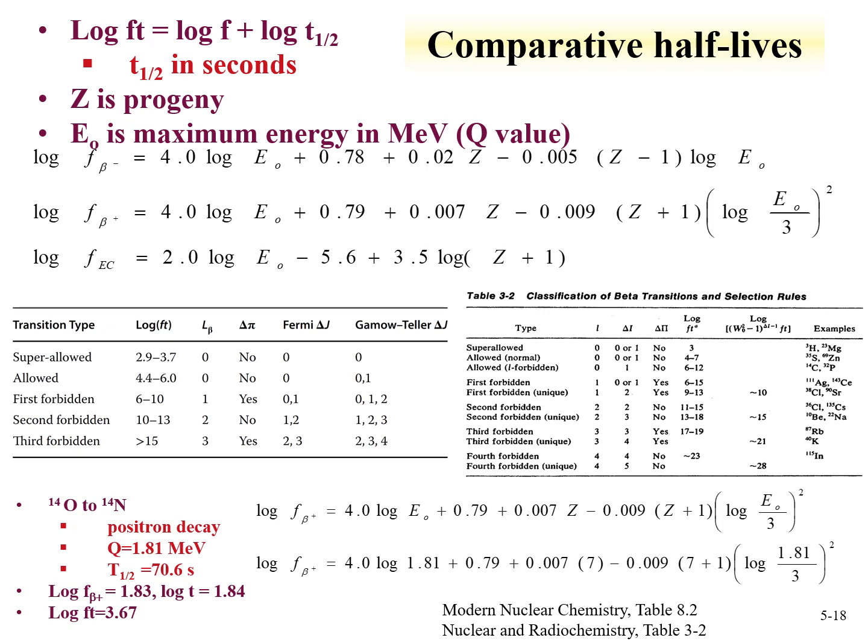T is 70.6 seconds; the log of that is 1.84. I get a log FT value of 3.67, and that fits into a superallowed category. On this figure, it would be between superallowed and allowed. And what we do see from the log FT value is that the transition is allowed.